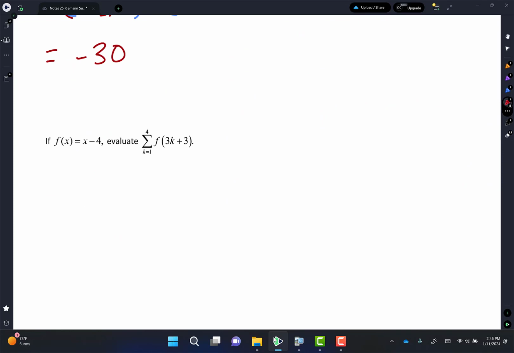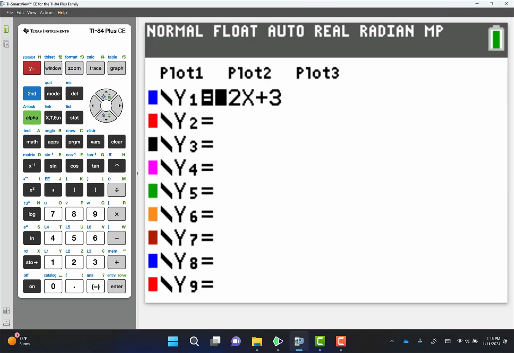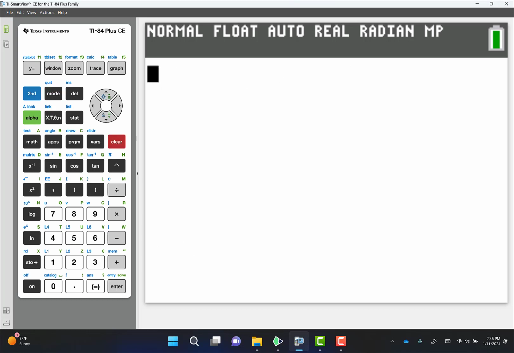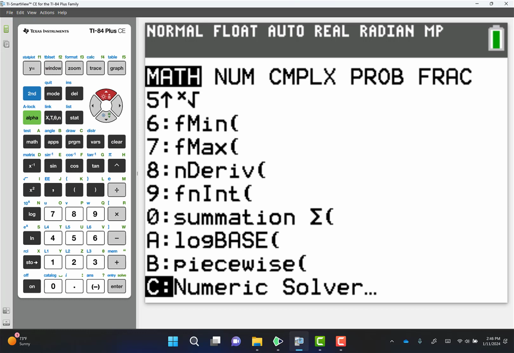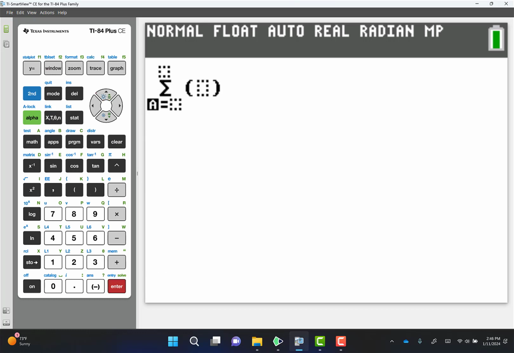And then this one we'll just go ahead and type it into our calculators. So here we go. Tell me what to type in. On Y1, what do I type in? X minus 4. Cool or not cool? Okay, then I go to my home screen. What do I do? I forgot how to get to that. Where do I find anything? Math? 0, the summation. And then what do I put here? X equals 1.